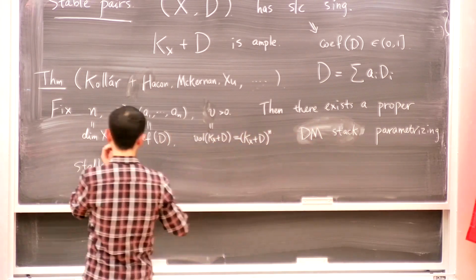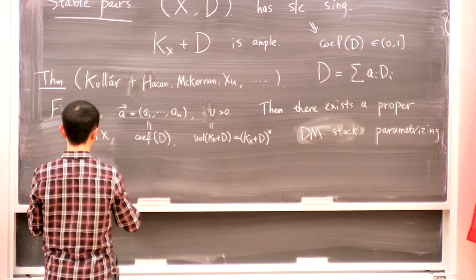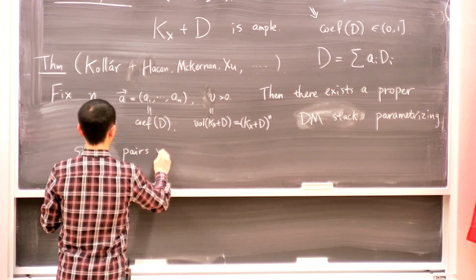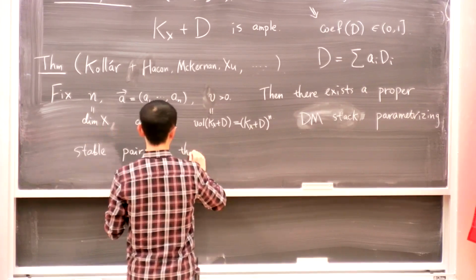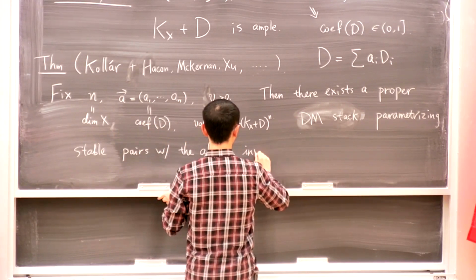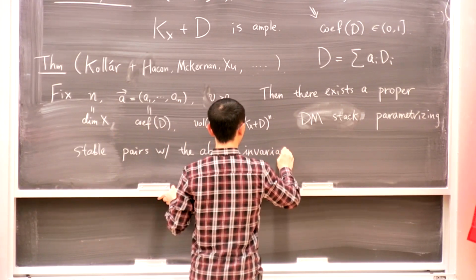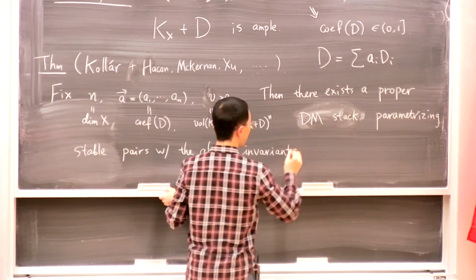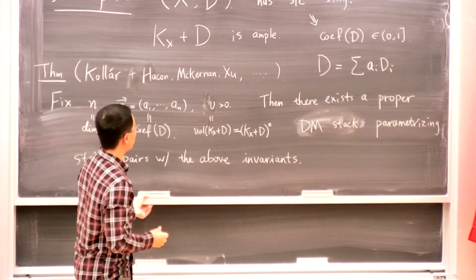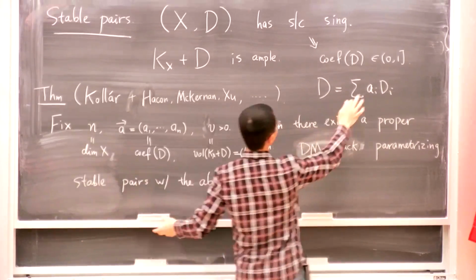But of course, if you take the coarse moduli space, they would parameterize the same set of objects, parameterizing stable pairs with the above invariant. Right, so let's say coefficients between 0 and 1.